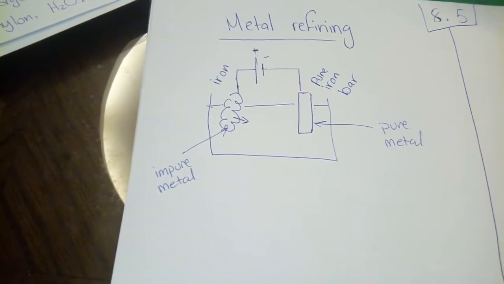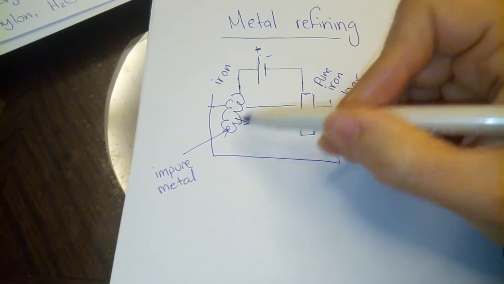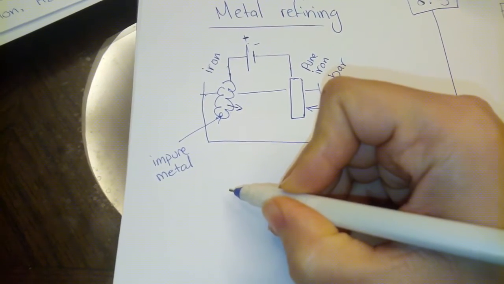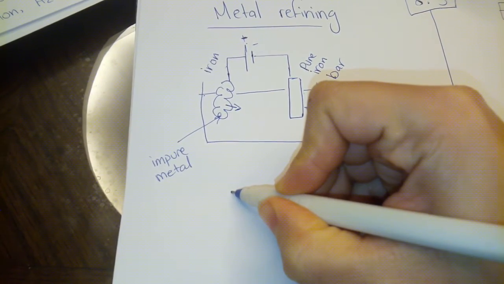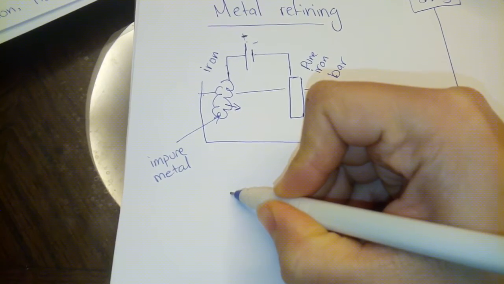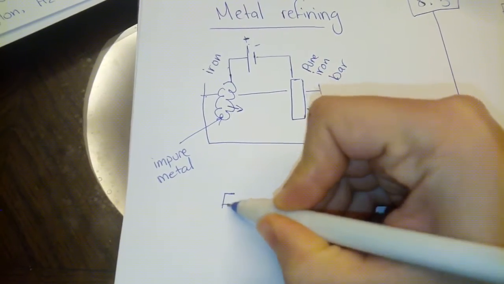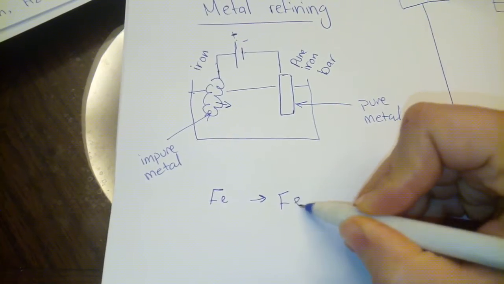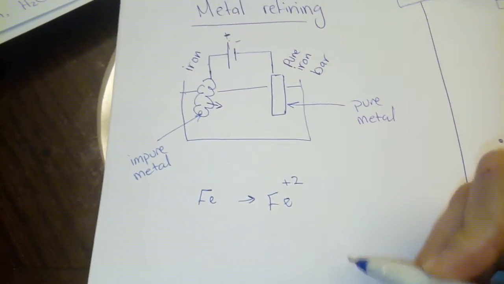Okay, what will happen? The iron is going to be oxidized. Let's write the equation for oxidation of iron, and assume it's iron plus 2. So iron is going to be dissolved and ionized to give Fe2+.